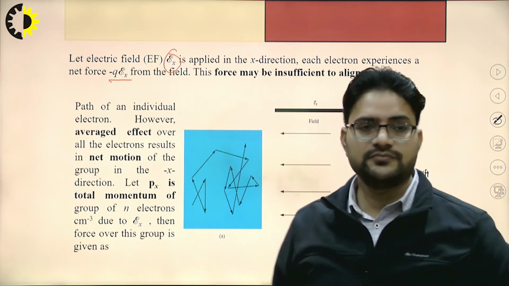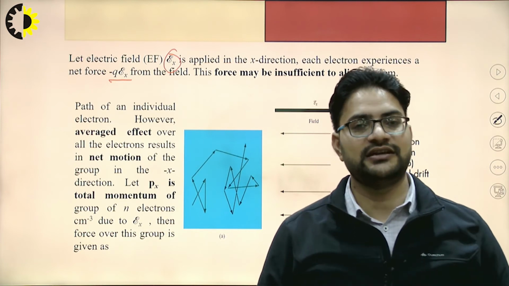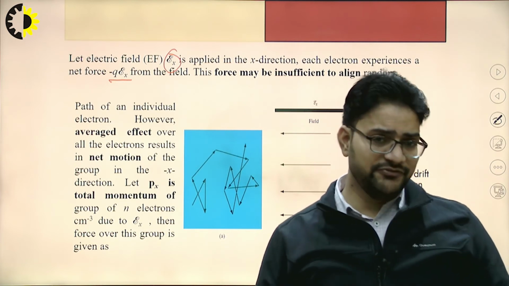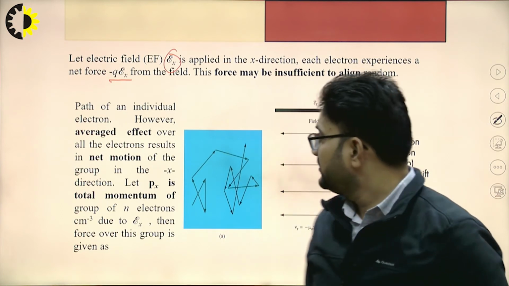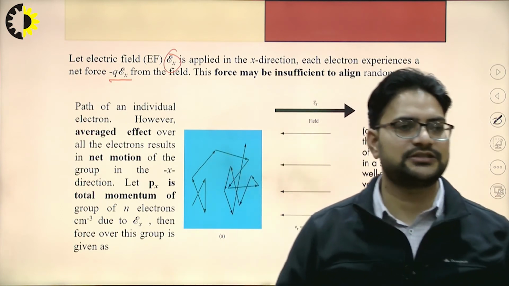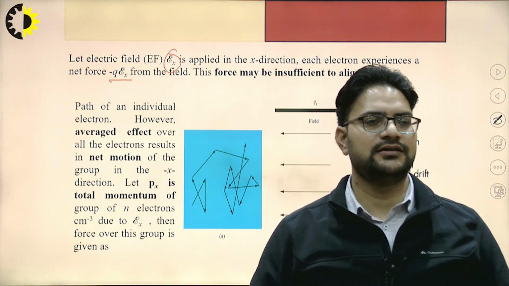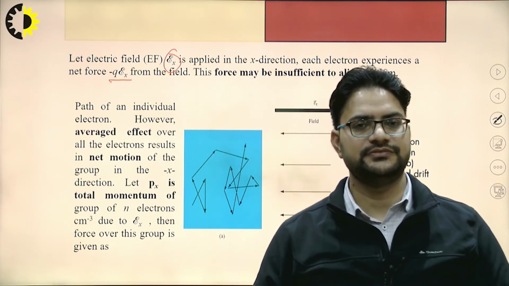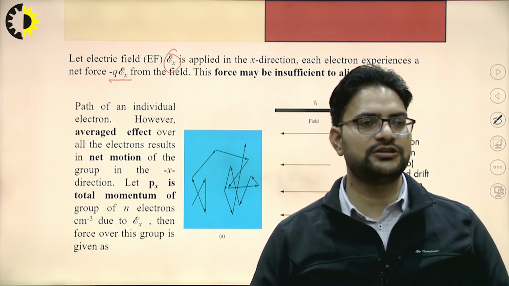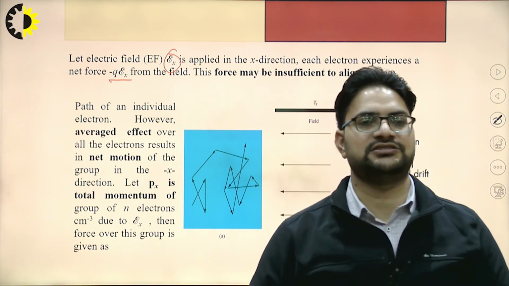And this force may be sufficient or it may be insufficient to align the random paths of the individual electrons, right? But the effect of this will lead to the resultant net motion of the group of electrons in the minus x direction, right?